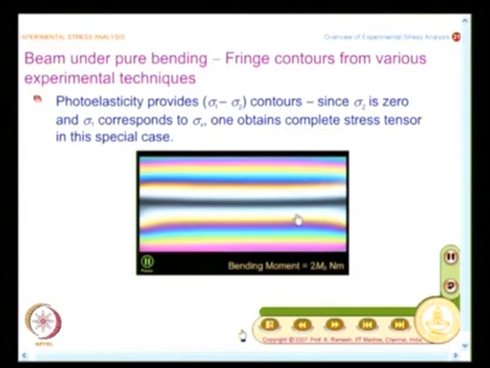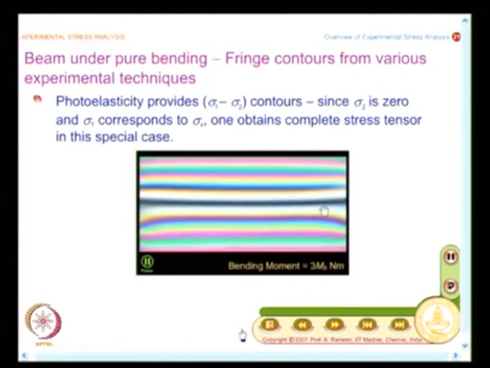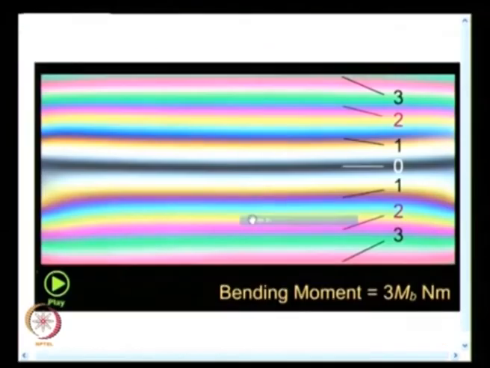So it is a function of load, and I can also label them, and when I triple the load, the fringes increase from 0 to 3 on either side. By looking at the color, it is possible to identify the number associated with the fringe in photoelasticity reasonably well with the eye.